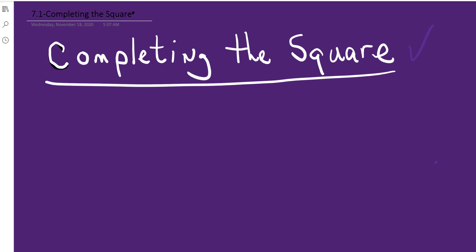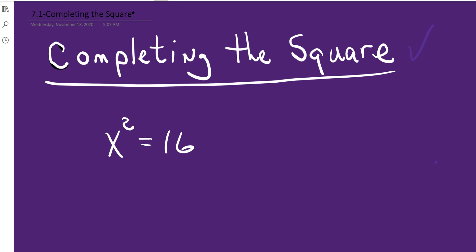And we're going to start talking about the square root method, or the square root property. And a quick example of that to refresh us would be something along the line of x squared equals 16.